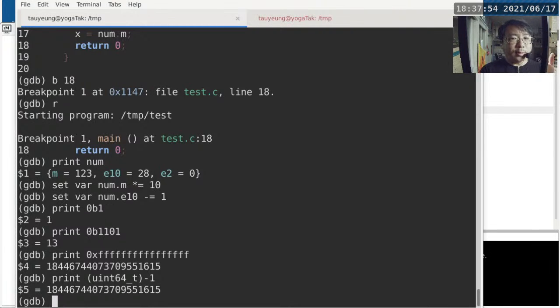So why this trick works is because the -1 value, when you look at the binary representation, is identical to the representation of the largest value that you can represent as a 64-bit number. So that's why this trick works.